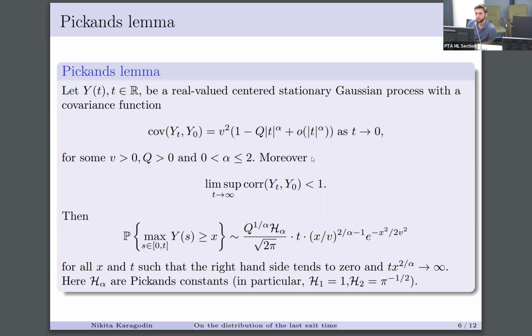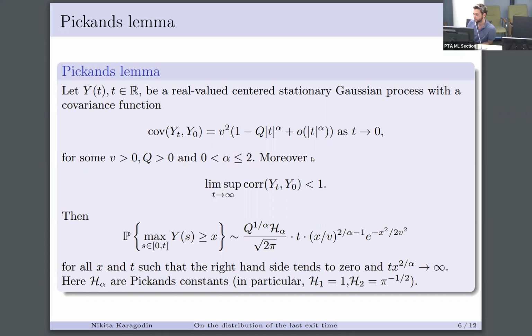So you know how values of your process correlate if they are close, and that's why you can think that they are continuous, because their values have to be really close when t goes to 0.